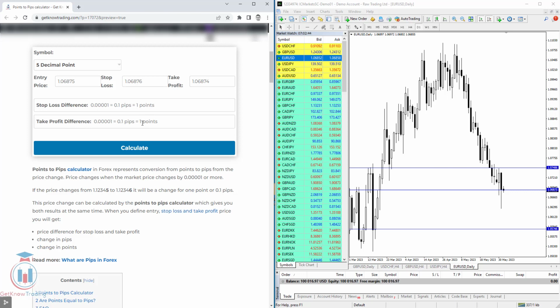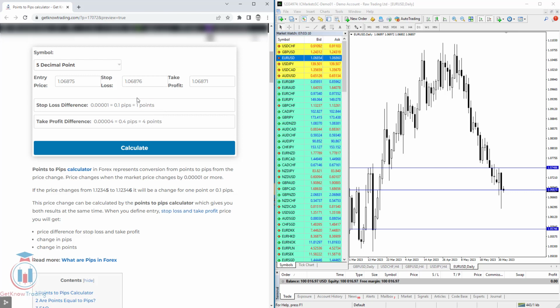It is the same for the take profit. So if we put here, for example, 1, this will mean that the price has changed by 0.4 pips or 4 points. And this is how you can use points to pip calculator based on the chart and also the symbol price that you currently have. This will easily give you the number of pips and also the number of points for the price difference.